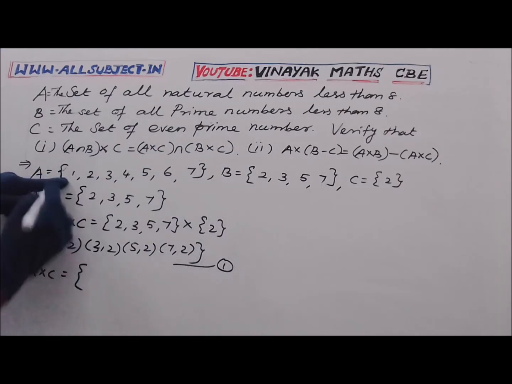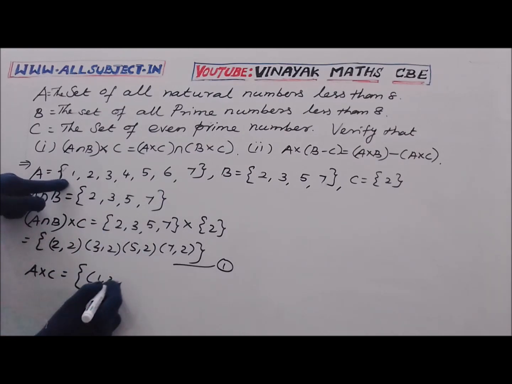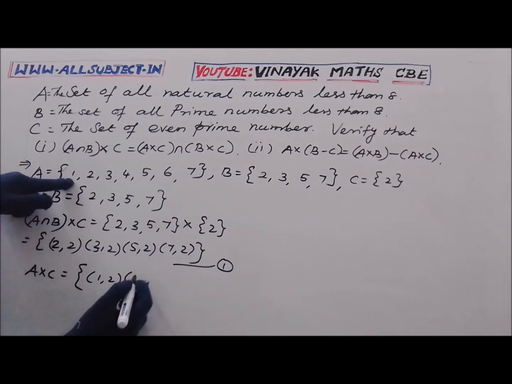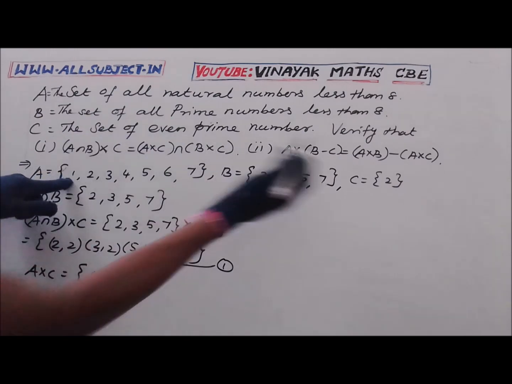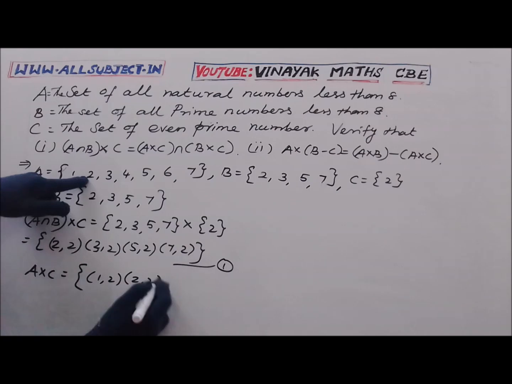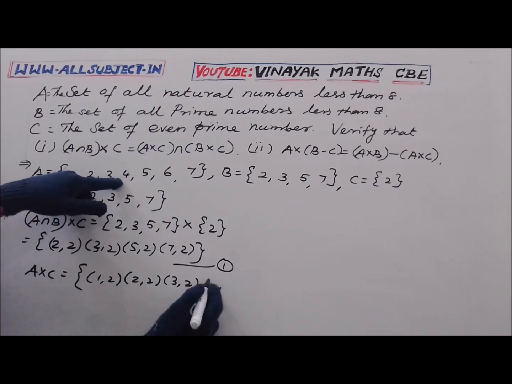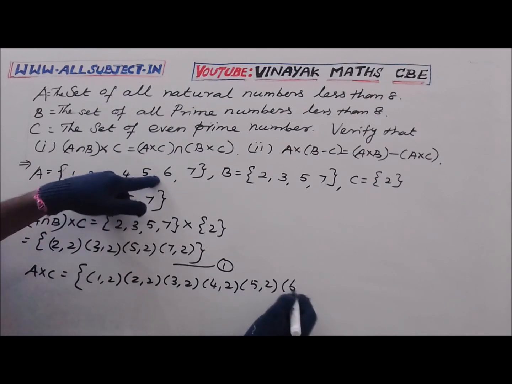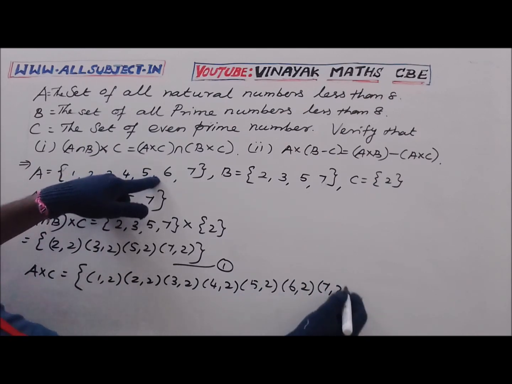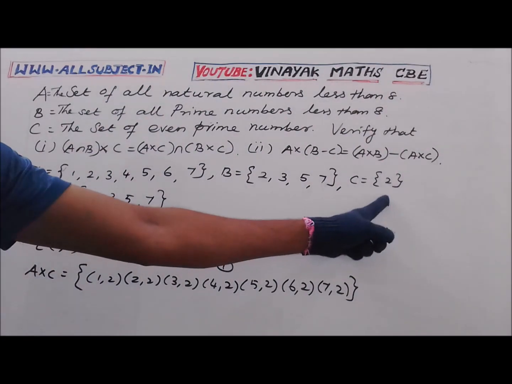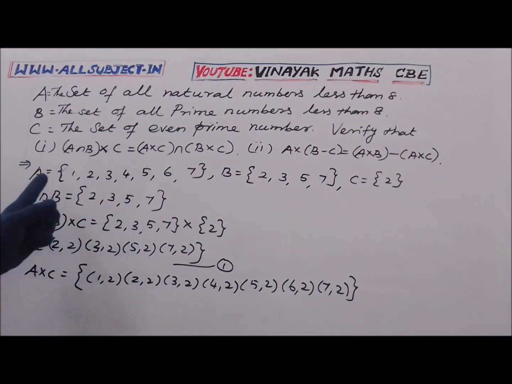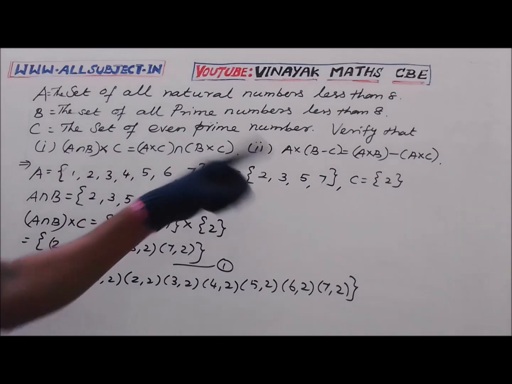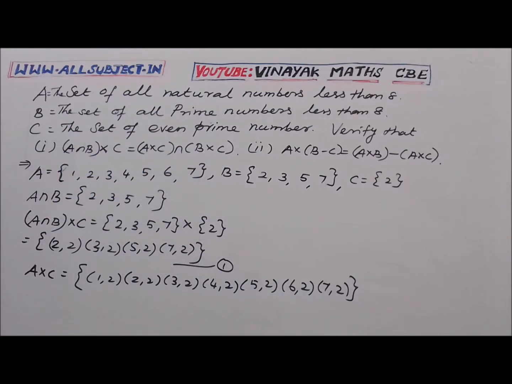So A cross C means 1 comma 2, 2 comma 2, 3 comma 2, 4 comma 2, 5 comma 2, 6 comma 2, and 7 comma 2, because in C we have only one element.